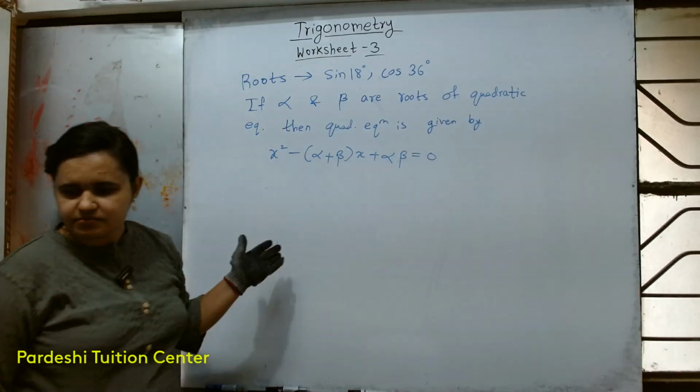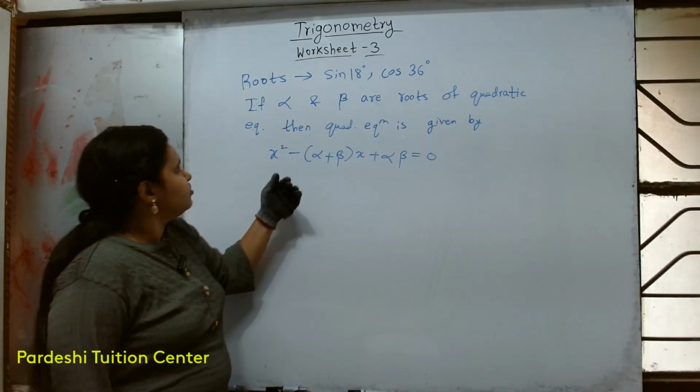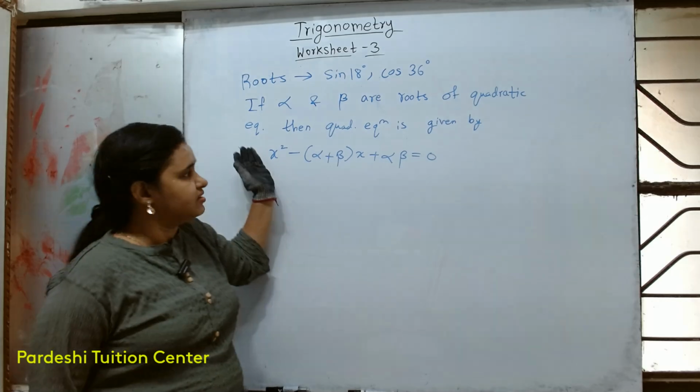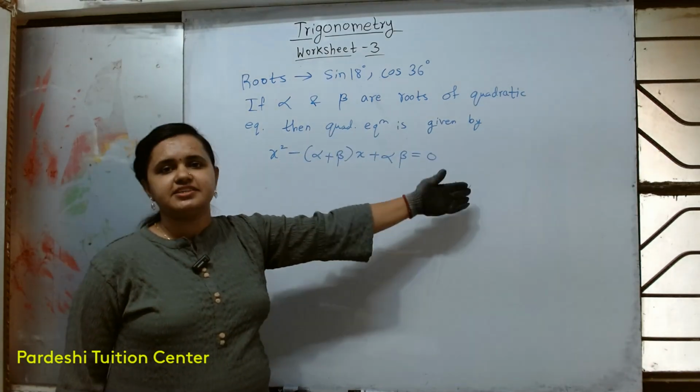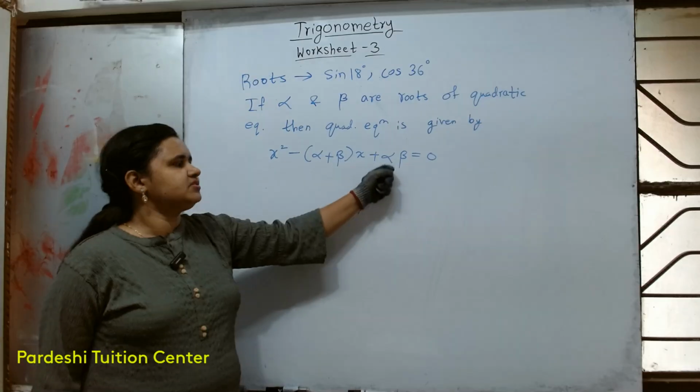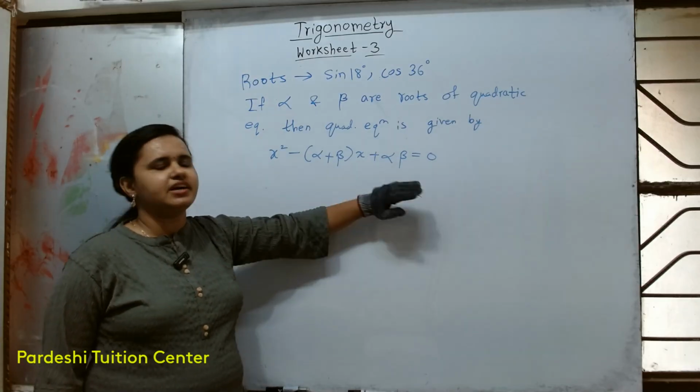Okay. Now, if alpha and beta are roots of quadratic equation, then quadratic equation is given by x square minus alpha plus beta into x plus alpha beta equals to 0. This is the condition. Okay.